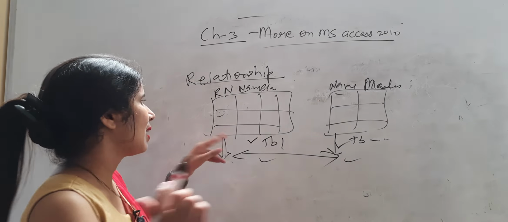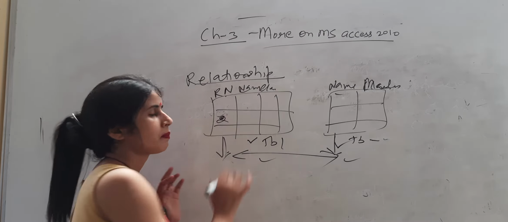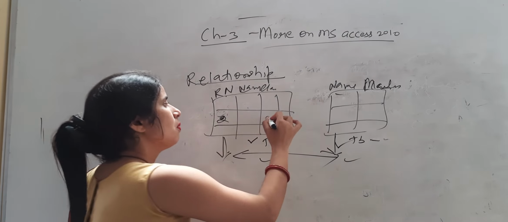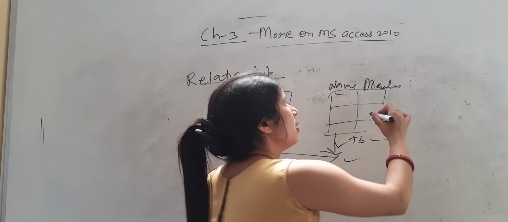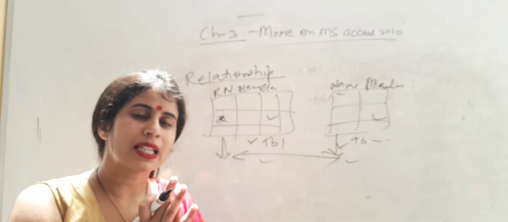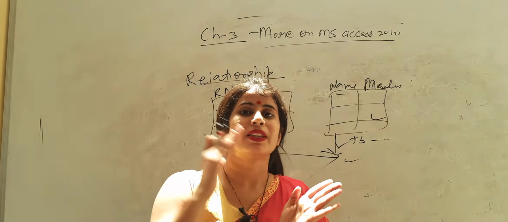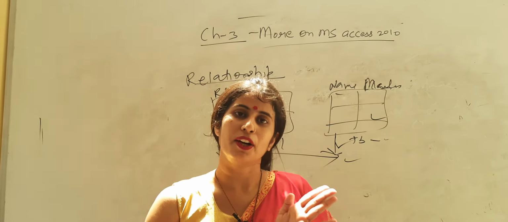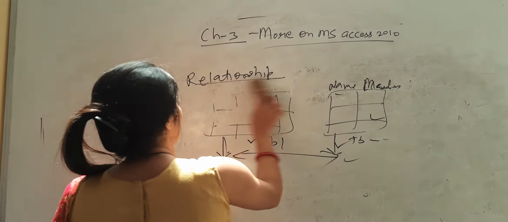Suppose I want to ask the marks and class of roll number 2. So roll number 2 class I can get from this table and roll number 2 marks I can get from this table. So relationship basically associates one field of one table with a field of the second table. Okay, it is a relationship.